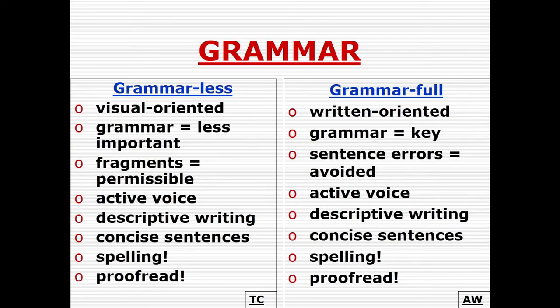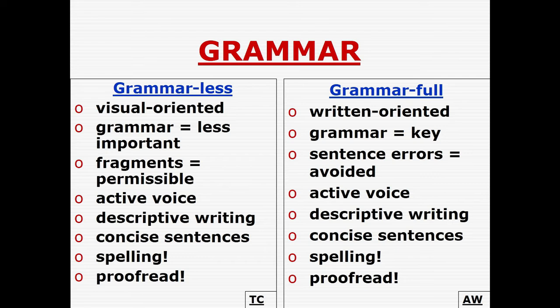Now, for grammar. The grammar when it comes to technical writing is more on grammarless. Why grammarless? It's because they're just going to use the visual or more visual oriented. That's why a while ago we told you that technical writing is more on using graphs or tables. And at the same time, grammar is more or less important with technical writing.